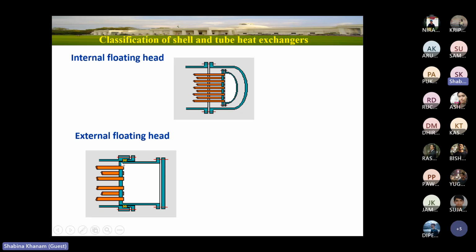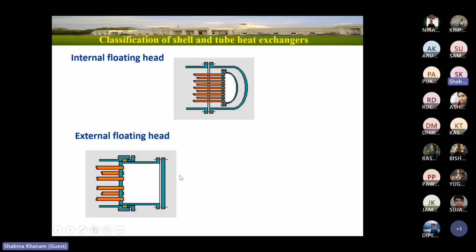when this tube sheet slides over here, if contraction is there, it is no problem, it will move in this direction. However, if expansion is there, it will move in this direction, and if expansion is quite high, this part can come here, and there are chances for liquid to leak from this connection.